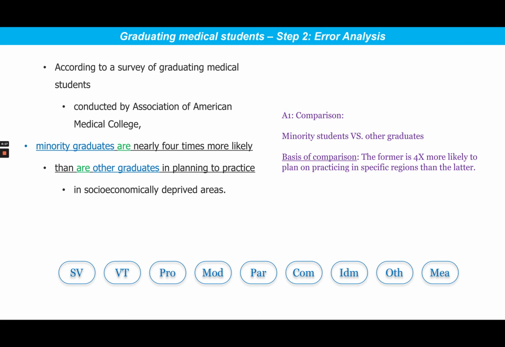Now we come to the idiom part. The sentence uses the phrase more likely. So when we say A is more likely, we say A is more likely to do something, right? That's the phrase that we use. However, this sentence says A, which is minority graduates, are more likely in planning to practice.